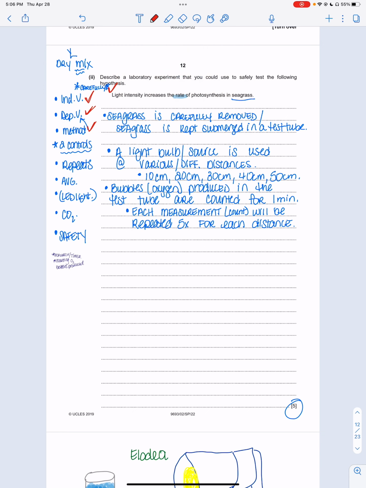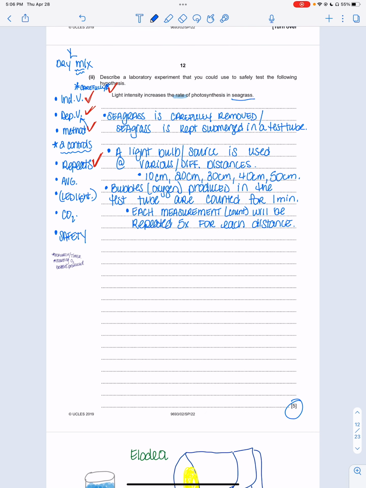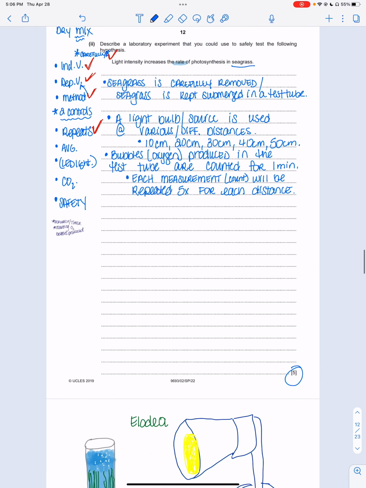I said the repeats, and I still need to talk about the controls: what we're not going to change, or what we're going to make sure is not changing. Once we repeated it for each distance, we're going to take the average.